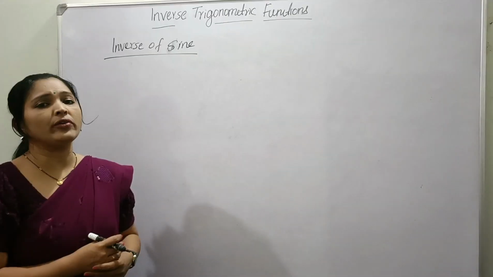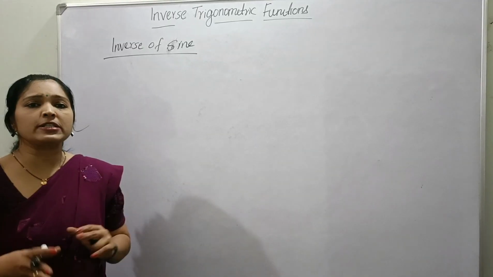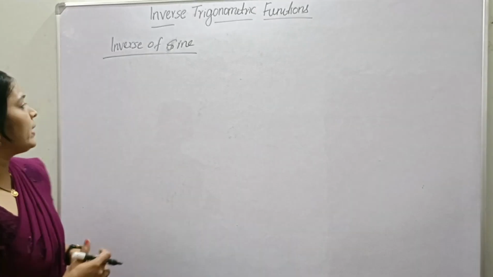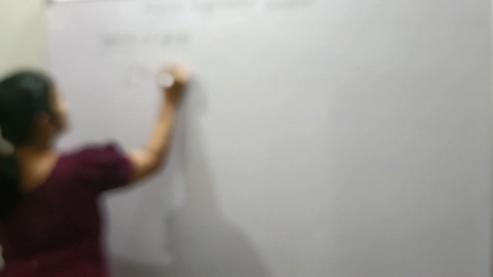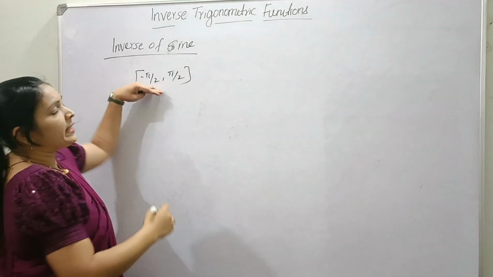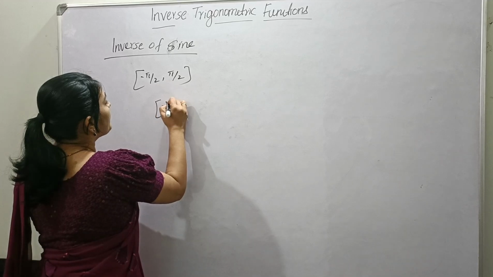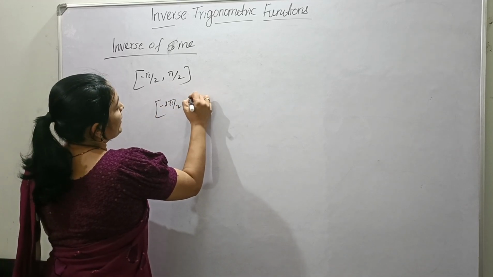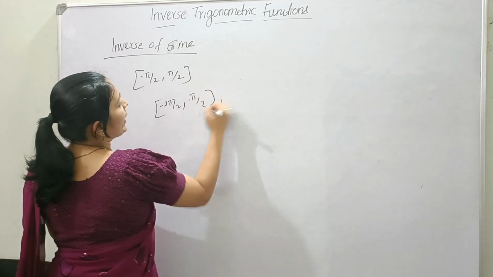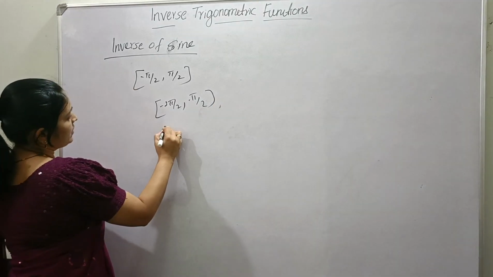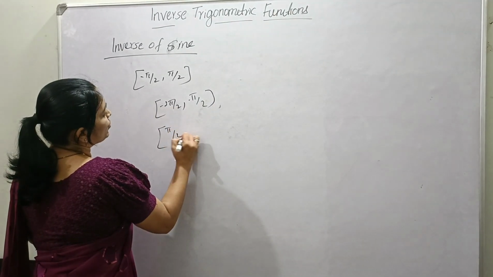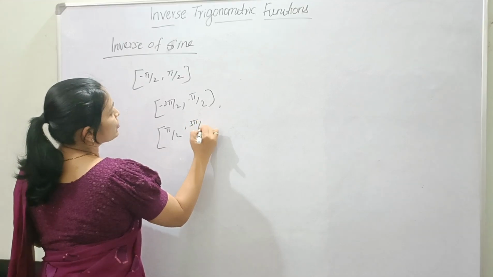So let us make it 1-1 by making restrictions on the domain: in the interval -π/2 to π/2, or -3π/2 to -π/2, or π/2 to 3π/2.